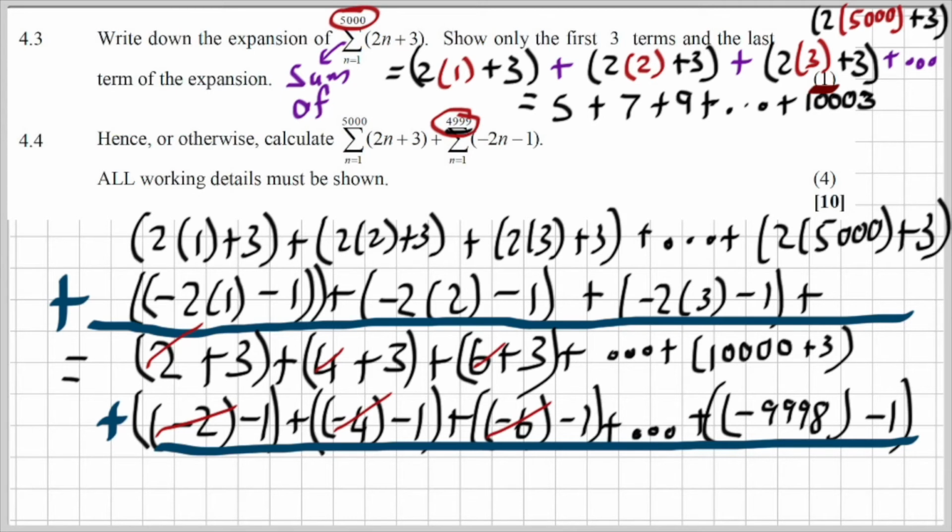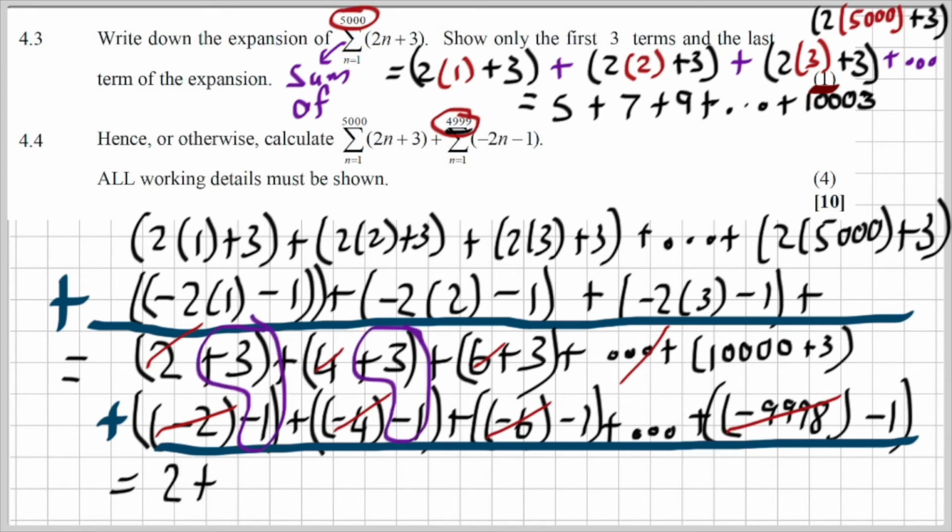And all my first terms are every time going to cancel out, all the way up to that last one. Even the 9,998 is going to cancel out. Then what is going to be left over?